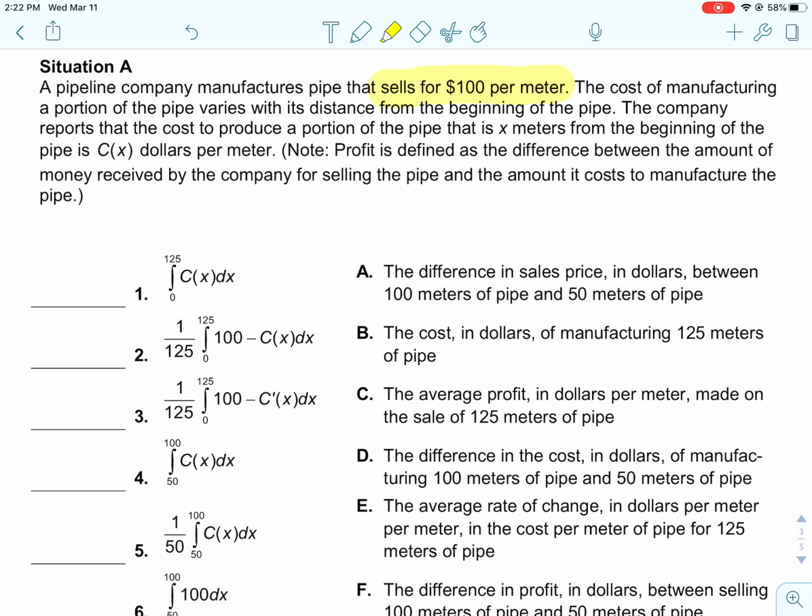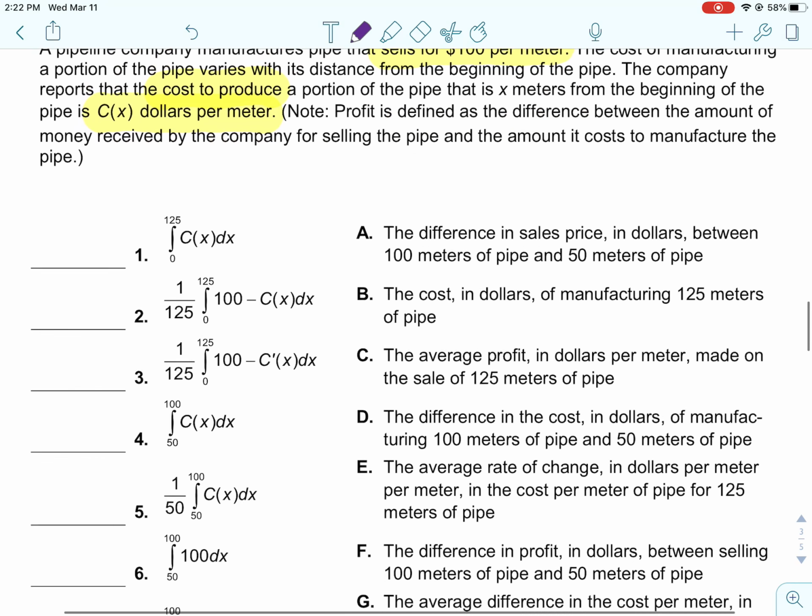The cost of manufacturing a portion of the pipe varies with its distance from the beginning of the pipe. The company reports that the cost to produce a portion of the pipe that is X meters from the beginning of the pipe is C of X dollars per meter. And then they do tell you what profit means. And I think you guys know, but that's okay. Profit is defined as the difference between the amount of money received by the company for selling the pipe and the amount it costs to manufacture the pipe.